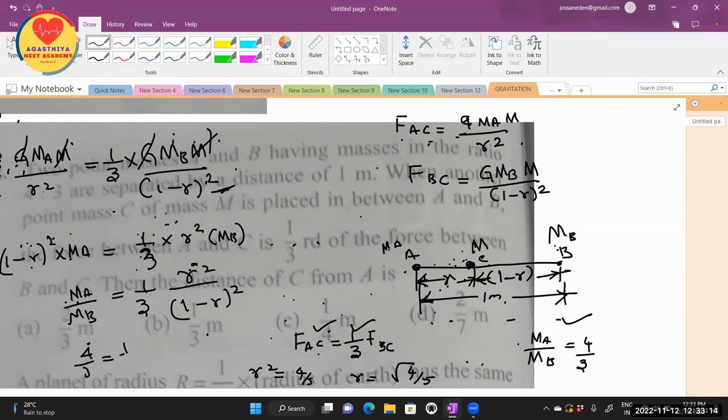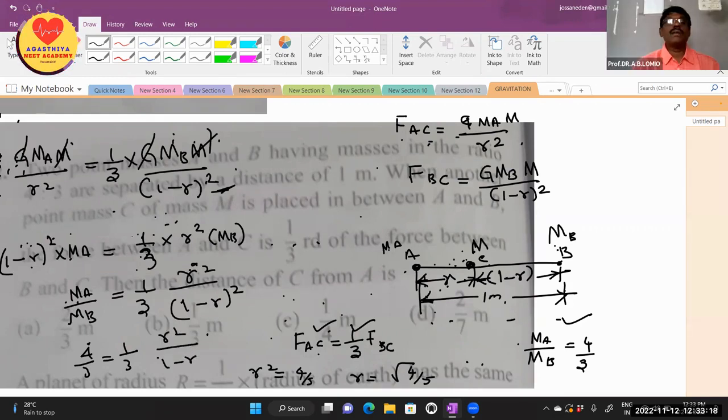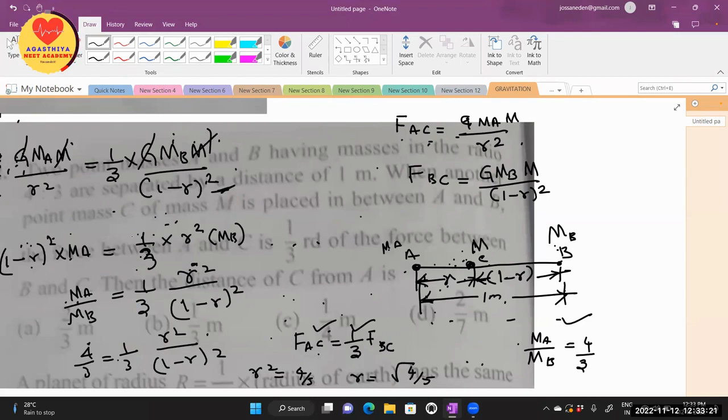Now 4 by 3 equals R squared divided by (1 minus R) whole squared. 3 gets cancelled.